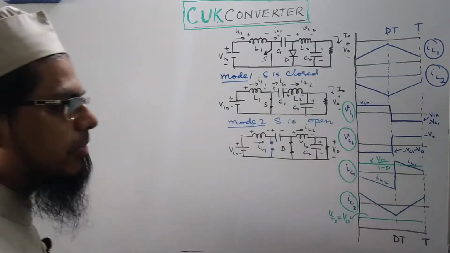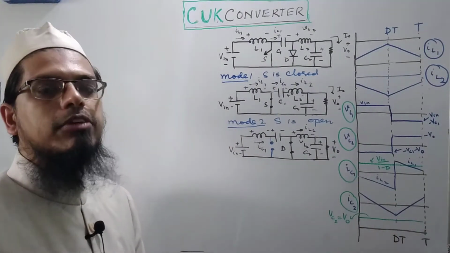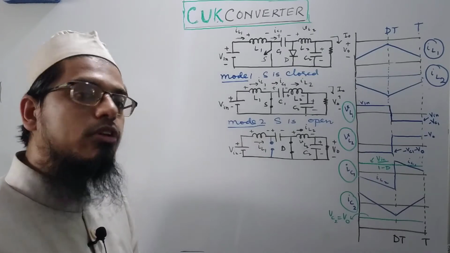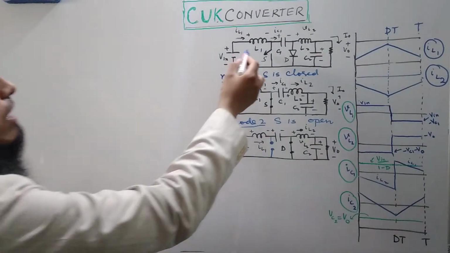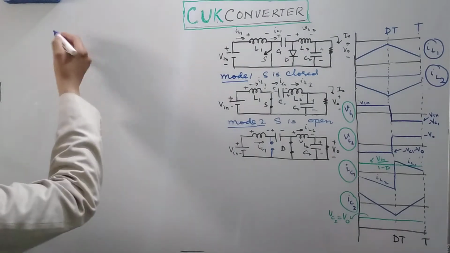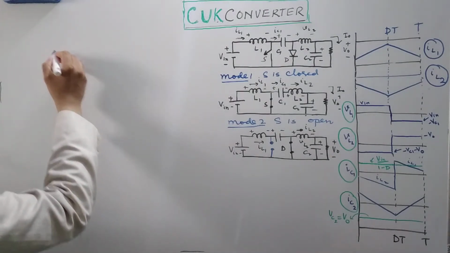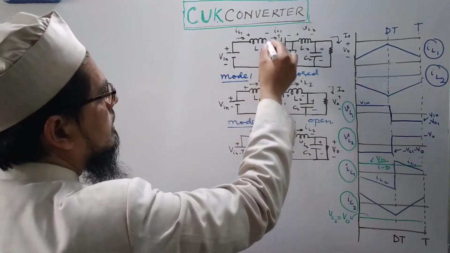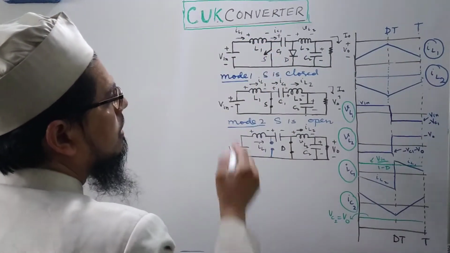Let us now try to find out the input output voltage relation for this Shuk converter. For that we will employ the famous volt second balance rule for the inductor, and apply it for L1 as well as for L2. Let's start by applying it for L1. Let me write the equation for L1 in the two modes.